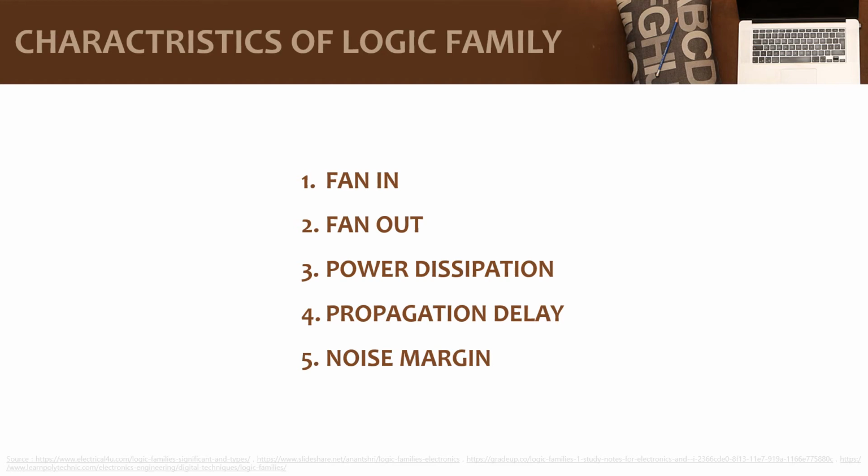Again, this is not our electronics subject, so we are not going into that detail, but we'll take a look at all these characteristics and try to understand their meaning and how they create the different logic families. So let's have a quick look.